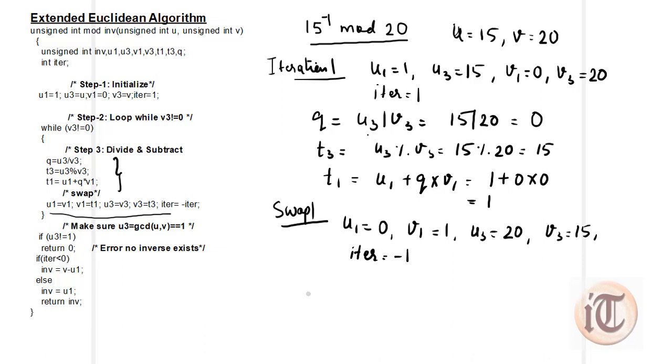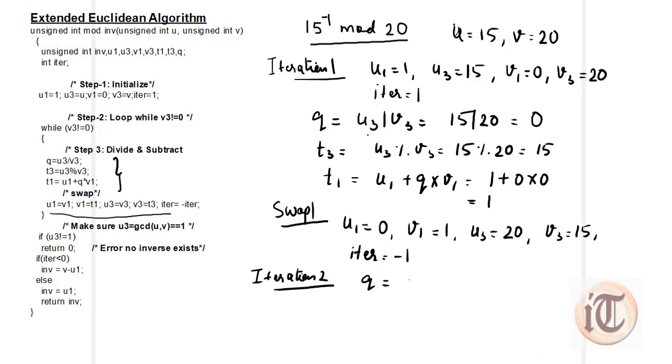Now again we have to check the while condition, whether v3 is not equal to 0. Yes, v3 is not equal to 0, it is equal to 15. So we move to step 3, the divide and subtract step, and this is iteration 2. In iteration 2 we calculate q as u3 divided by v3. u3 is 20 divided by 15.